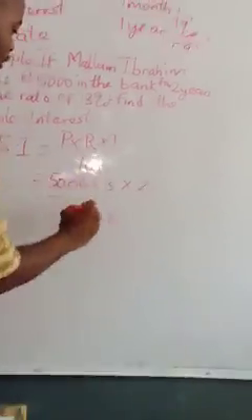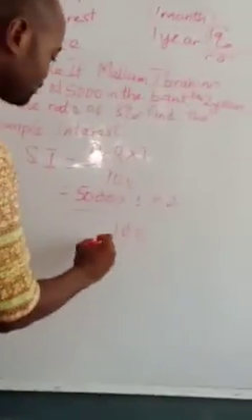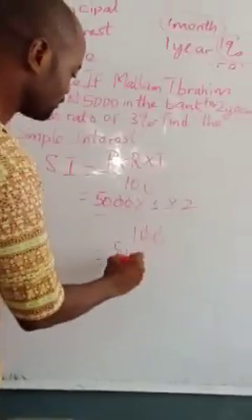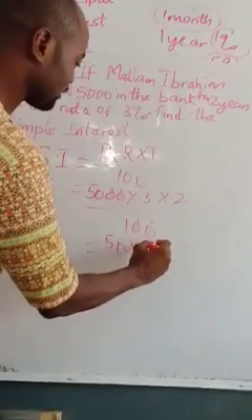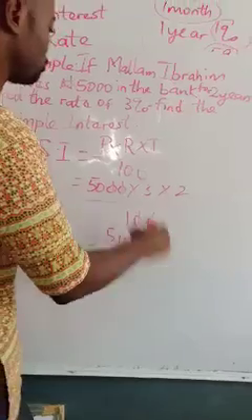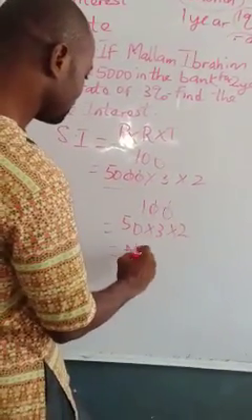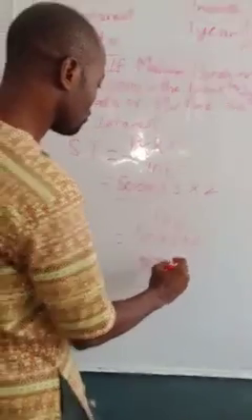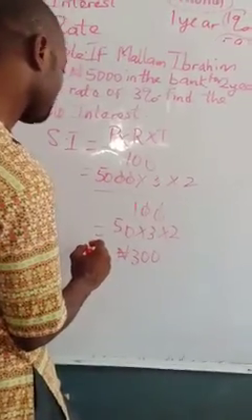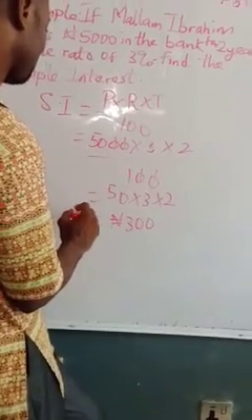Then this will cancel this, and this will cancel this. Once you have done that, we are left with 50 times 3 times 2. So 5 times 3 is 15, 15 times 2 is 30, and then you add the 0. So the simple interest will be 300 naira.